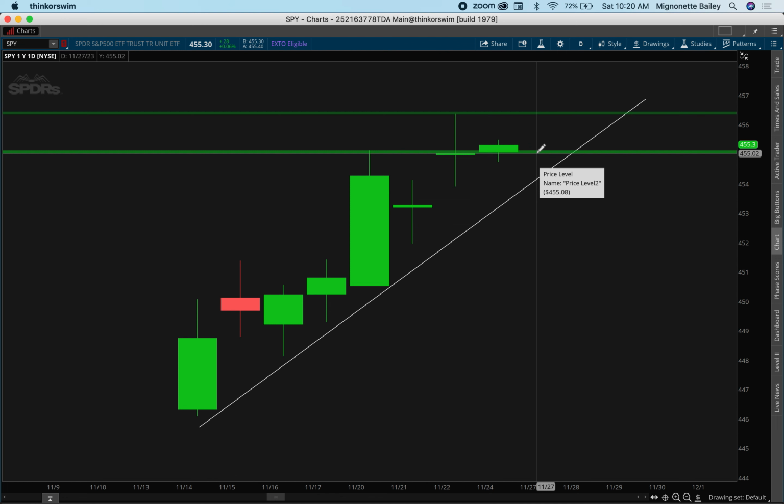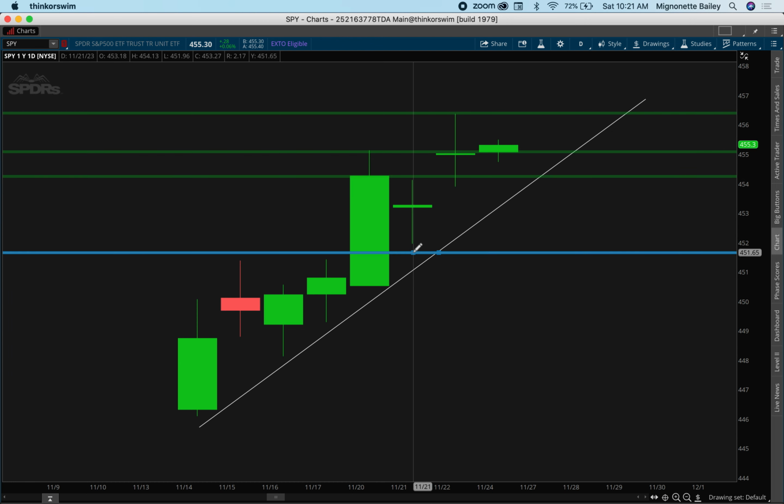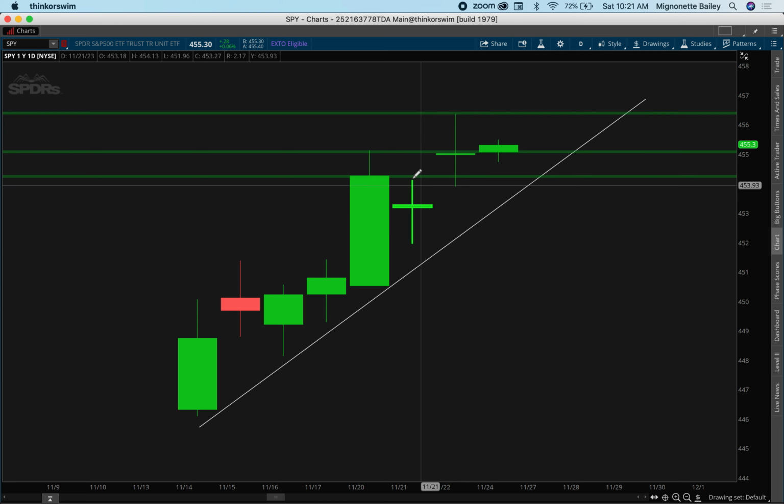And then I want to add some levels below, because if we lose this level, I want to have an idea of where we might go. And I think the top of this candle body and the top of this candle could be a level of support that SPY may try to hold. So I'm going to mark that. Again, it's not exact, but they're very close.